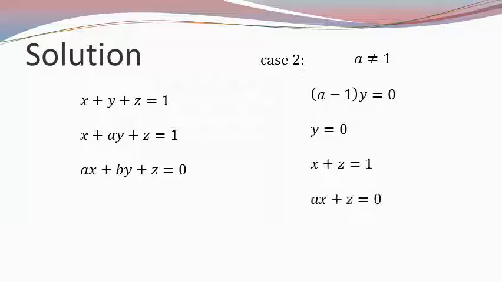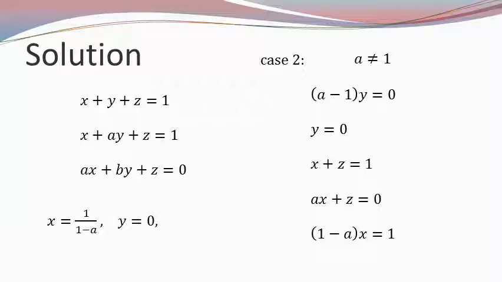And now the equations look like this. So x plus z is equal to 1 and ax plus z is equal to 0. Taking the difference of these two, we find that (1 minus a) times x is equal to 1. And therefore, since a is not equal to 1, x would be equal to 1 divided by (1 minus a).